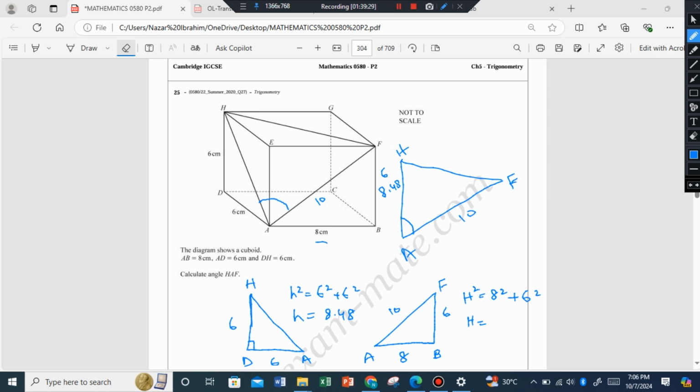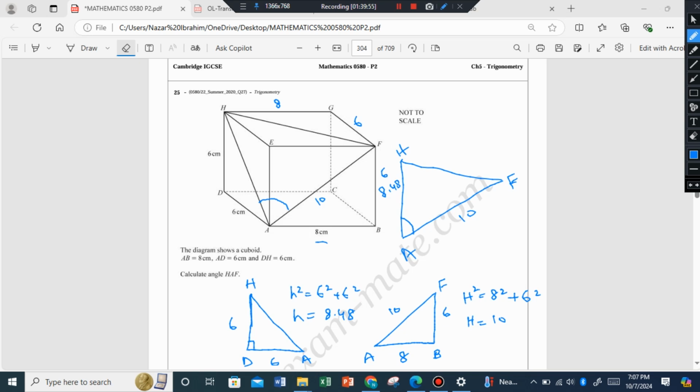Now if I see the third side HF, it contains HG and GF, alright? And HG is basically the length, which is 8, and GF is basically the width, which is 6. So again, if I apply Pythagoras theorem, I will get the combination of 8 and 6, which was here as well.